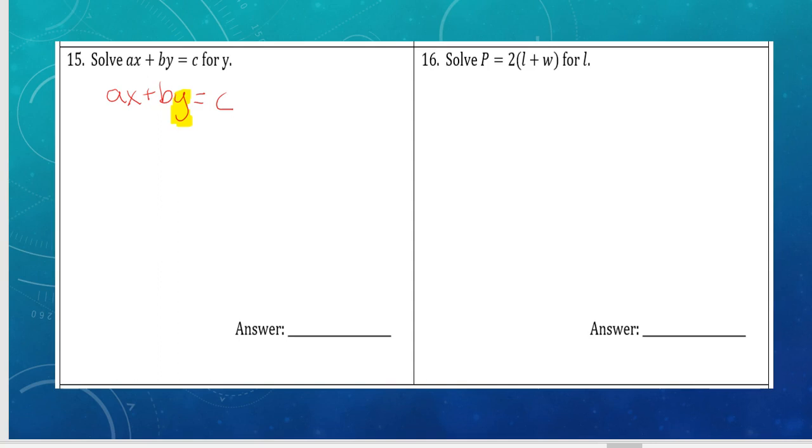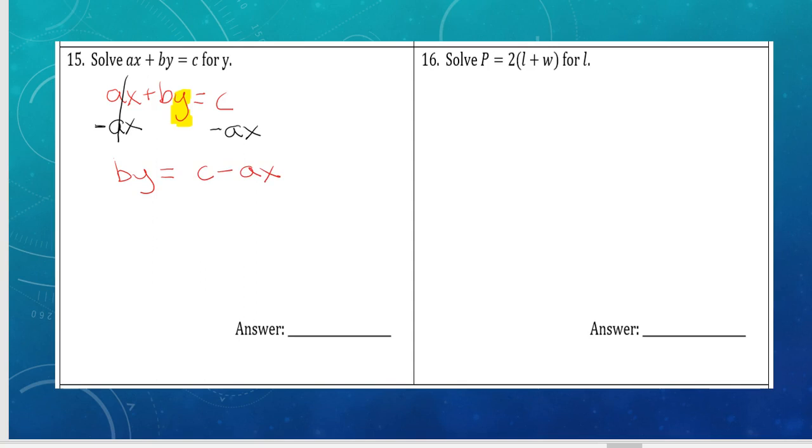I move positive terms by subtracting or using the negative of that term. So a positive ax moves with a negative or minus ax. Whatever I do to one side, I do the other. by is left on the left, and c minus ax is on the right.